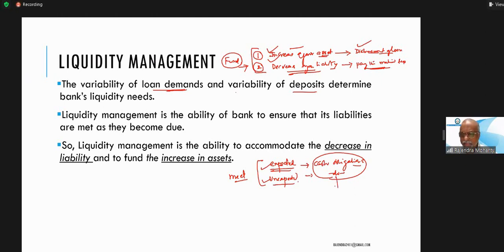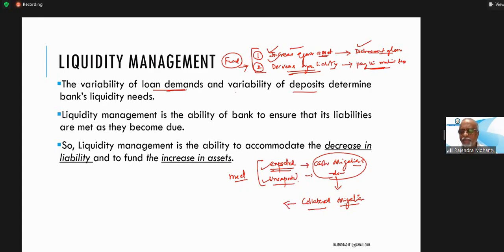Similarly, not only cash obligations, sometimes there is also a collateral obligation of the bank. At that time also these funds are required. Liquidity management is important.